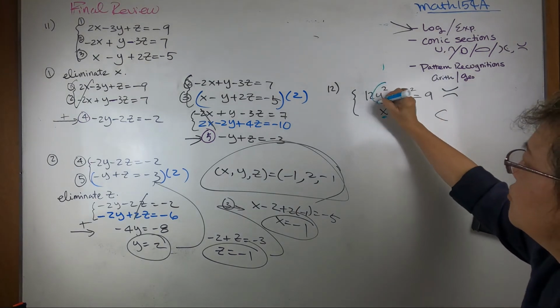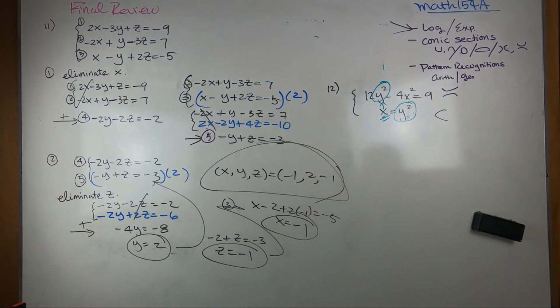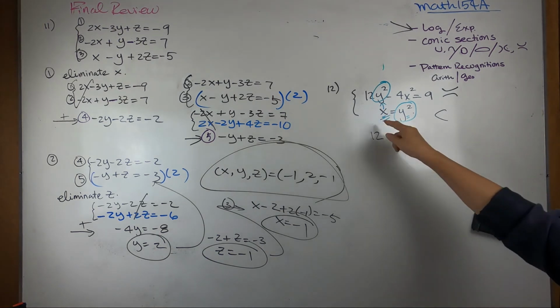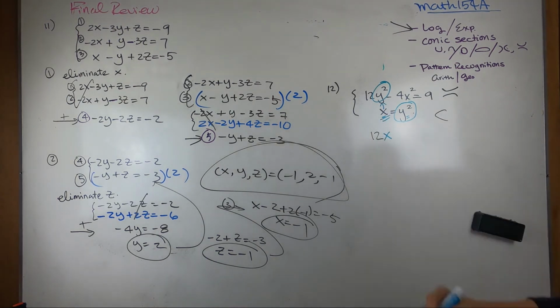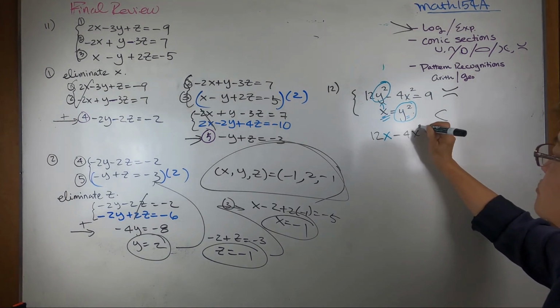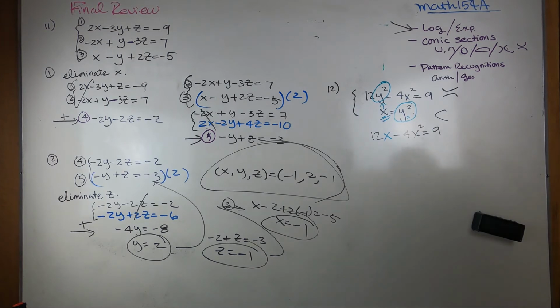How about I just do the y squared, plug in as x? Can I do that? So I will have what? 12 y squared becomes x, right? Then minus 4x squared equals 9 will be much easier.